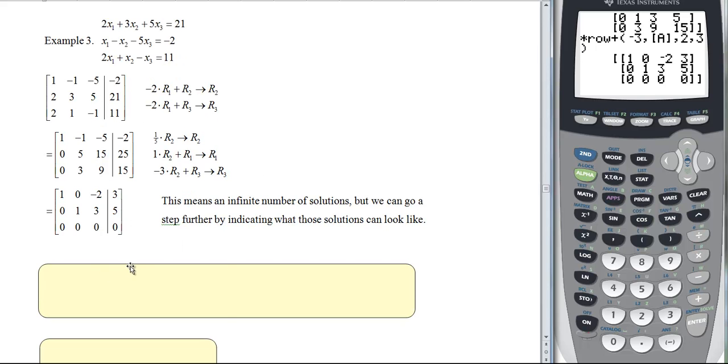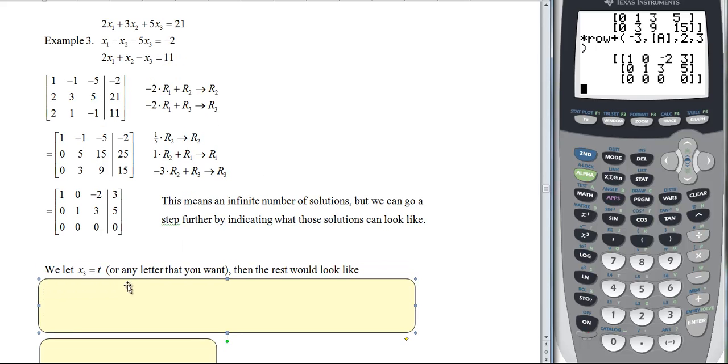Like I said, we can go a step further. Alright, so I'm going to write the equations first. We start with x sub 3 equal t. We always let this very last one. See, I've got something for x sub 1 and x sub 2. Okay, so x sub 3, since it got completely wiped out, in a way, you can let it be represented by a letter.